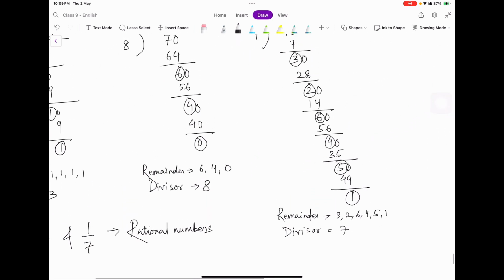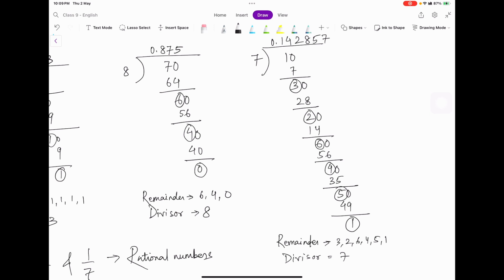See, this is the most clear-cut example. You got so many remainders, and again you got 1. So if you add a 0, the same thing will repeat again. After 6 steps, again you will get 1.